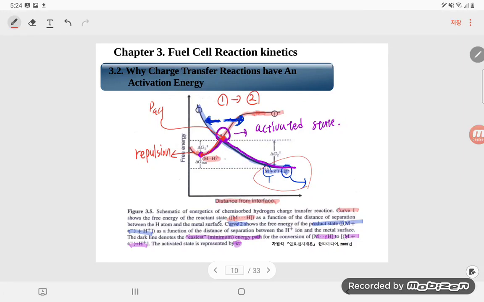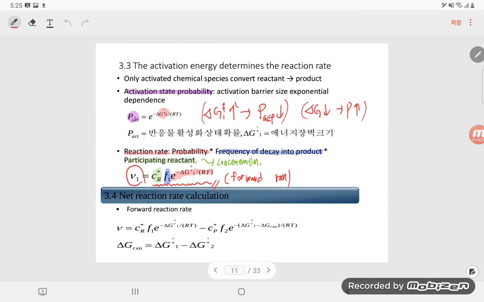From this product, if they go over the barrier delta G2, then the product also can be converted into the original reactant, right? That is the reverse reaction. So to consider the net reaction rate, we should consider these two terms, the forward reaction rate and the reverse reaction rate.